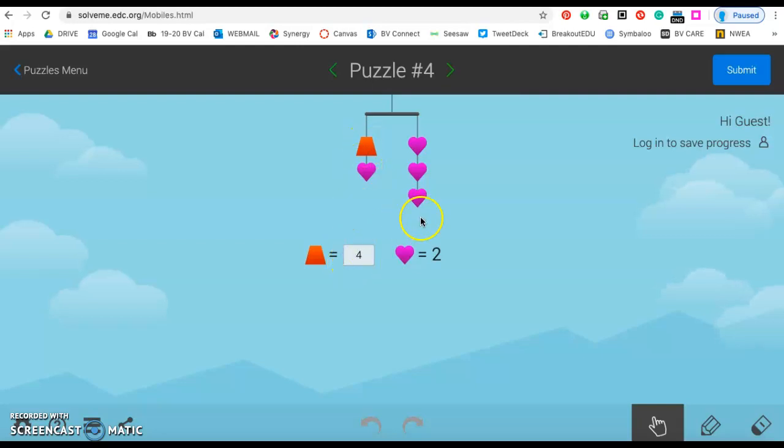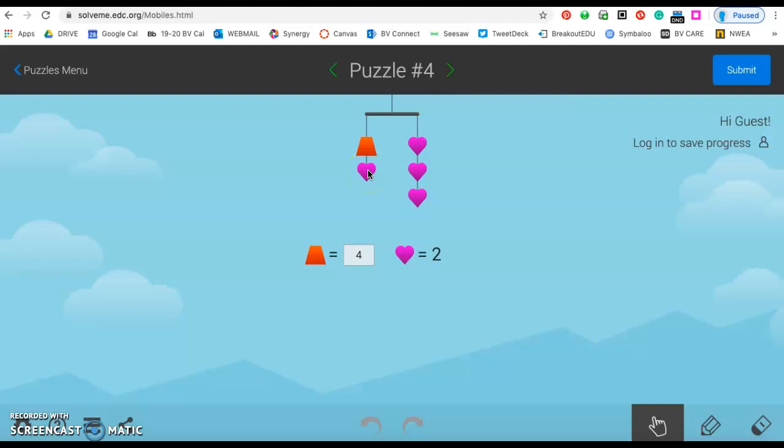Another way to look at this is there are 3 pink hearts on the right and 1 pink heart on the left plus that orange trapezoid. Imagine I have a pair of scissors. If I snip off that bottom heart, there would only be 2, and I could also snip off 1 pink heart on the left. I'm snipping off the same on the right as I am on the left.